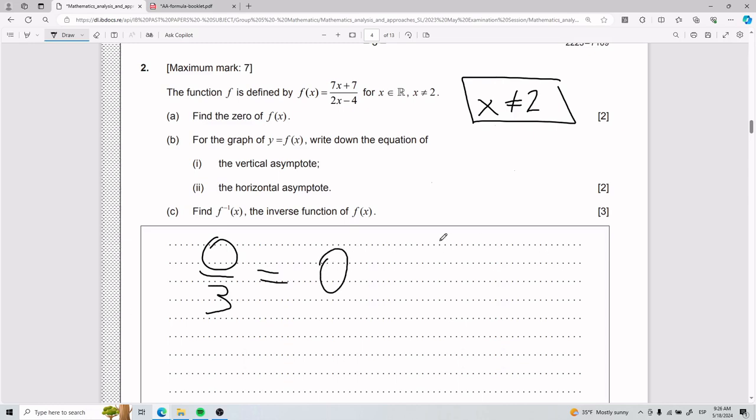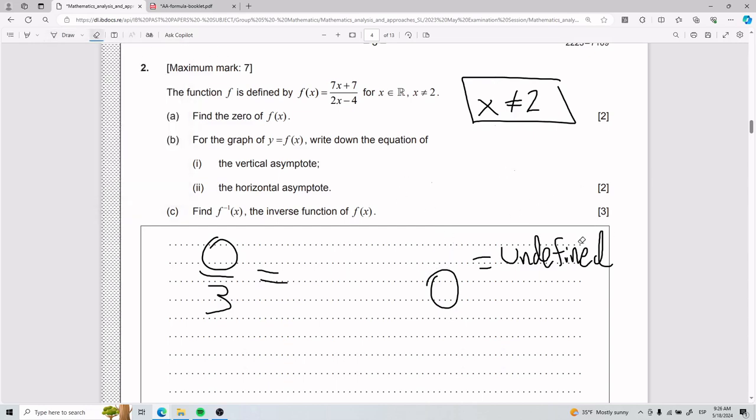Is 0. 3 divided by 0 is how much? It's undefined. You cannot divide by 0. It is illegal. Don't do illegal things. Usually, I suggest that you should not do illegal things. So if you divide by 0, it's illegal, it's undefined.